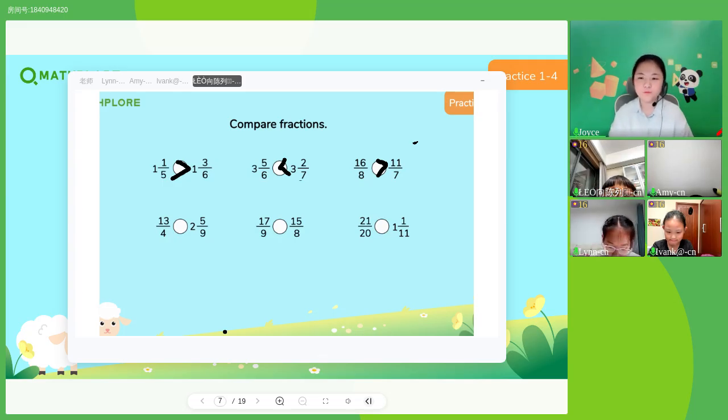Be careful with the rules, everyone. Same numerator, the smaller denominator means the fraction is greater. Same denominator, the greater numerator means the fraction is greater.